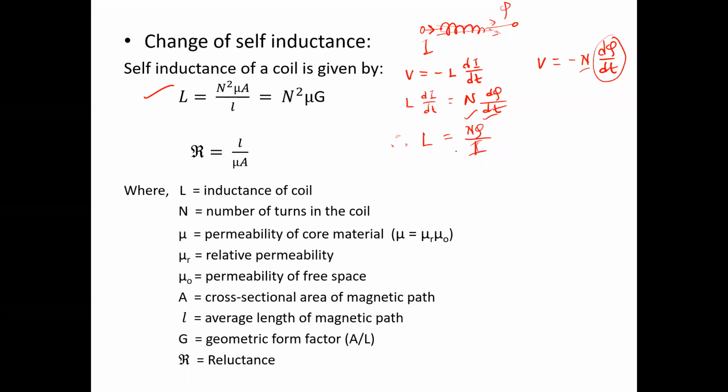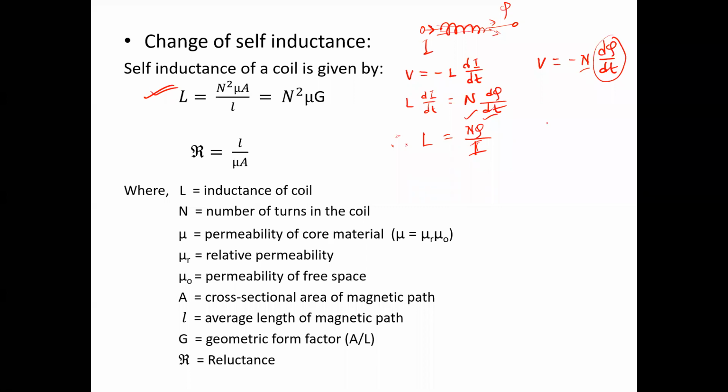To further elaborate this expression and to determine the relation of self-inductance, we can work with phi, and for that we can define phi with respect to the magnetic flux density.